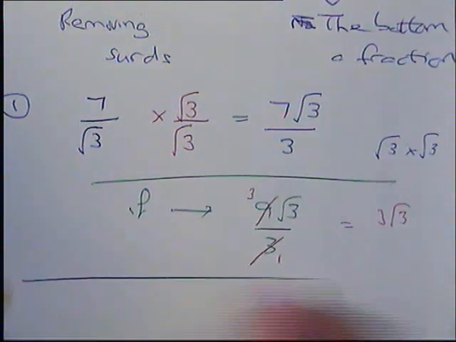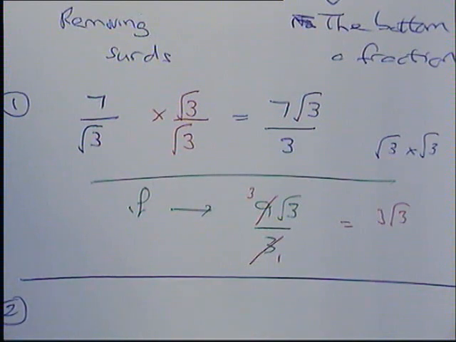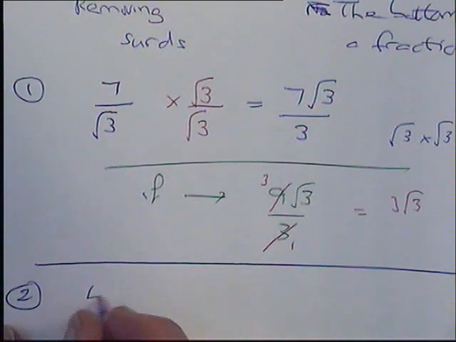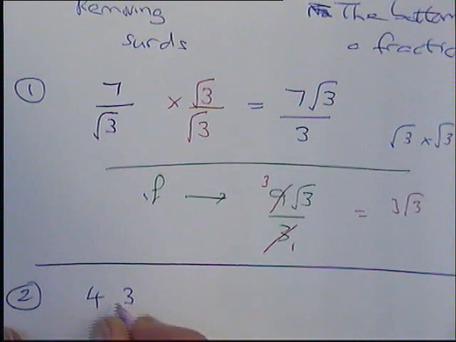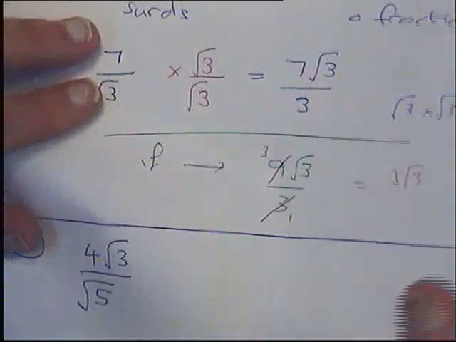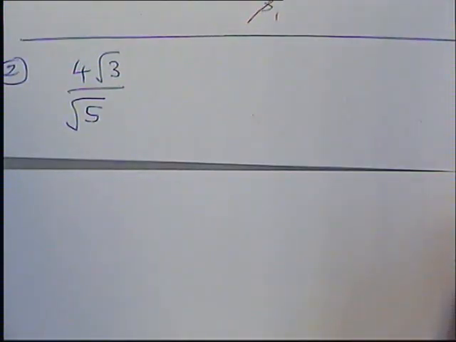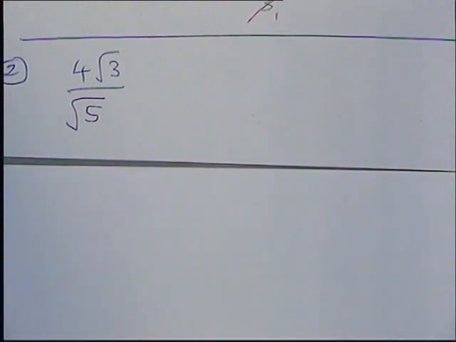Okay. So, if we look at another example, let's have a look at 4 root 3 over root 5. Here's another fraction. It's got a surd on the top and a surd on the bottom. We're not bothered by the surd on the top, but we don't like the surd on the bottom.